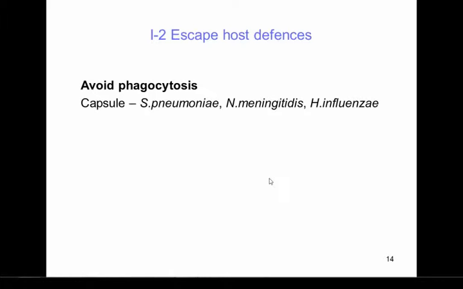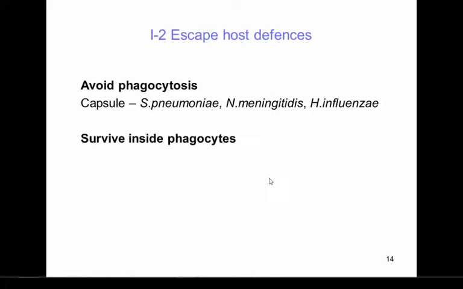Now, a very, very important virulence factor for many bacteria is the presence of capsule antigens. Okay, so the capsule antigen is going to go around the bacterial cell and hide it from the receptors on the phagocyte that allow the phagocyte to internalize the bacterium.